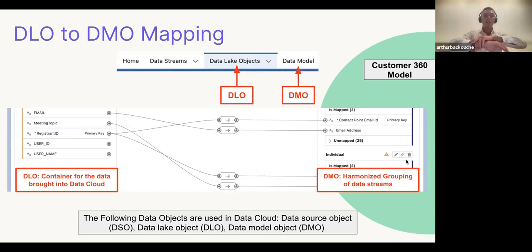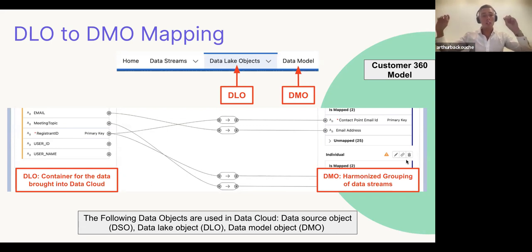It's basically a range of objects that will define who your customer is and give all the information possible about your customer. What is important is to connect your DLO, once you've imported your data into Data Cloud, to your DMO.